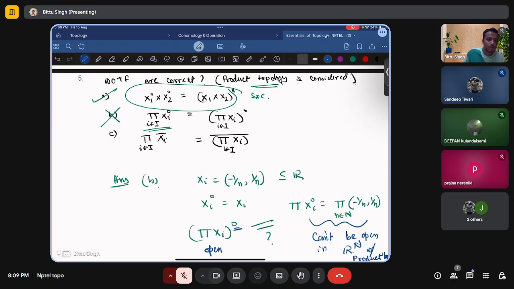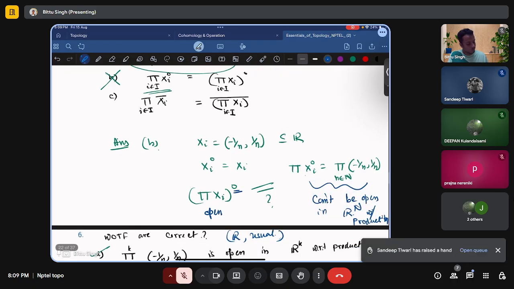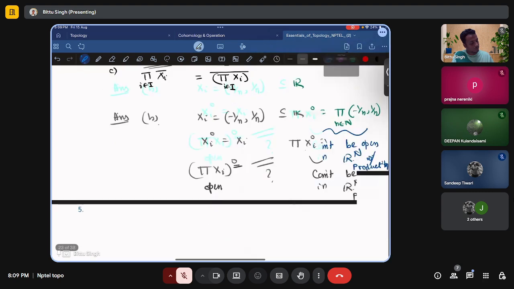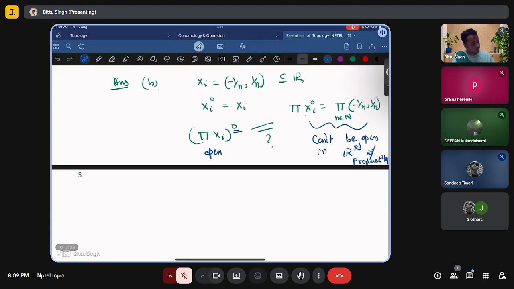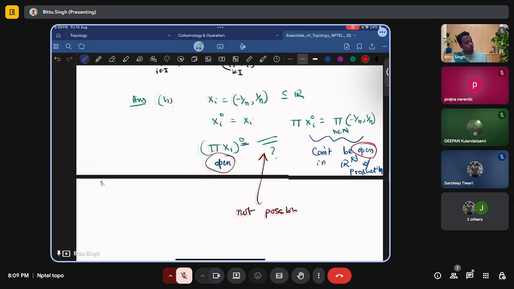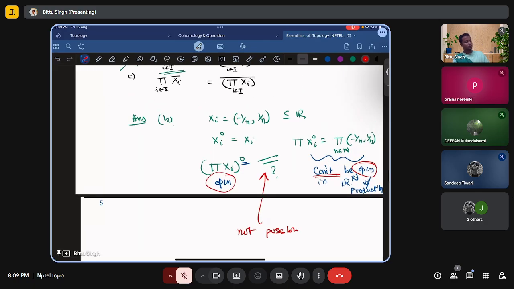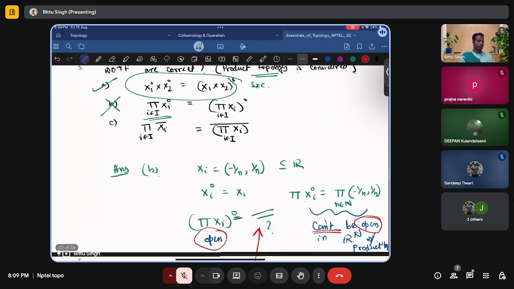Is it clear? So this equality is not possible.